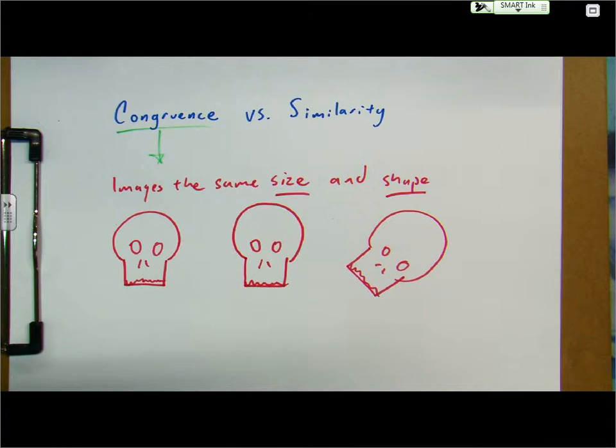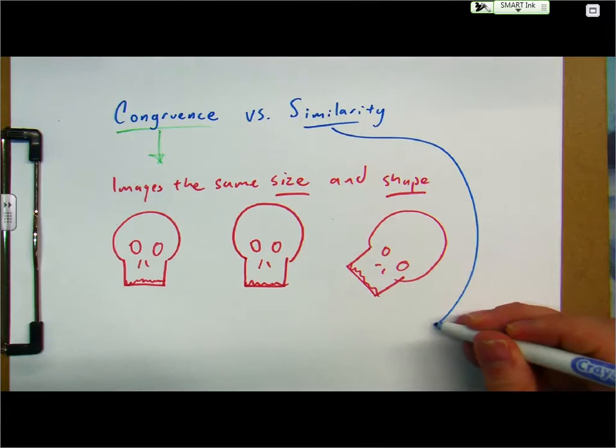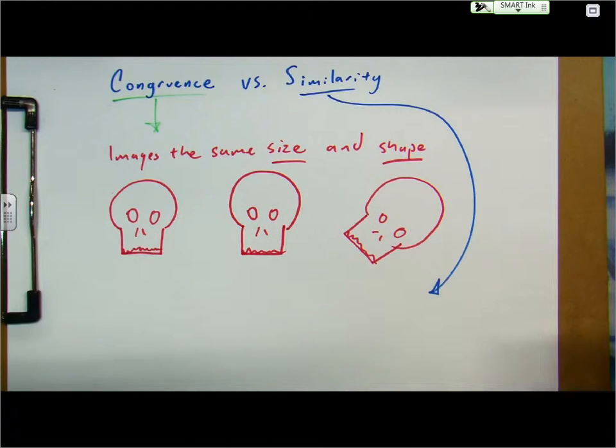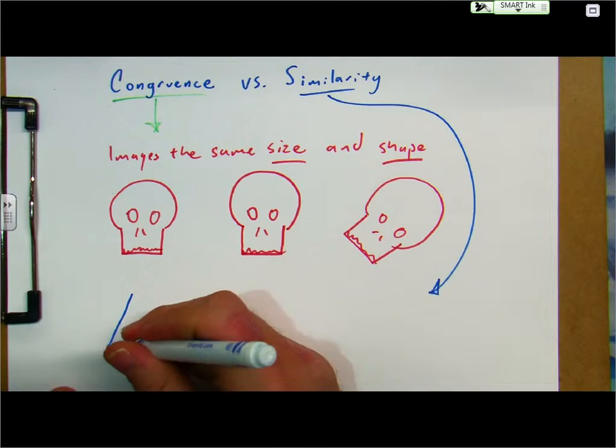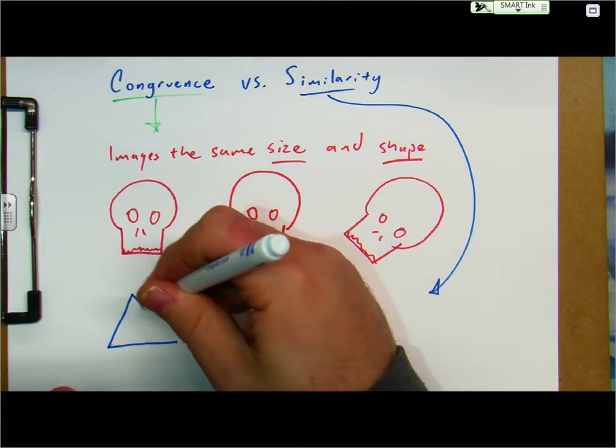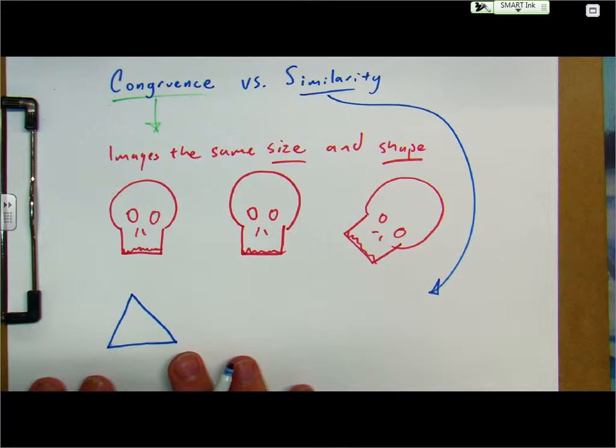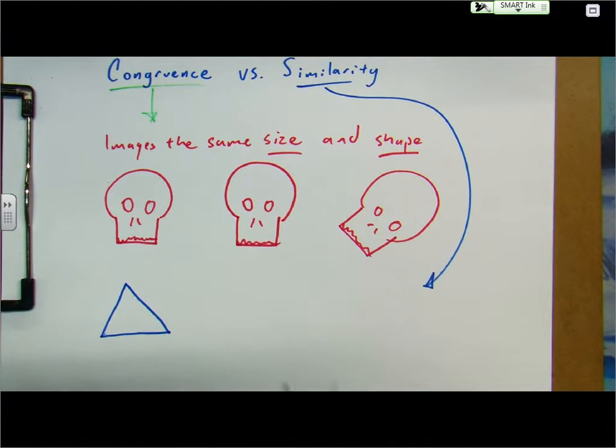Now, similarity is a little bit different. Similar items will be, what should I draw now? A triangle would be similar to another triangle if it has the same shape.